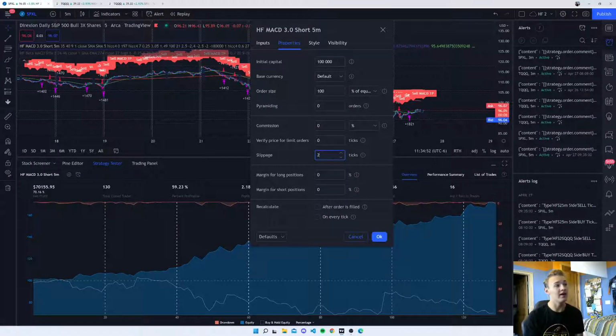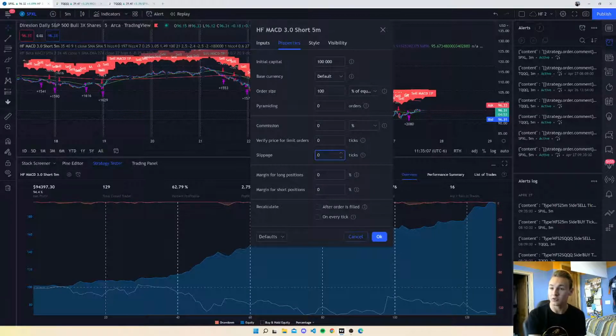The entire point of slippage is to account for user error or price changes. Let's say you're at school and it's going to send you an alert on your phone, and once you get the alert, then you get in the trade.